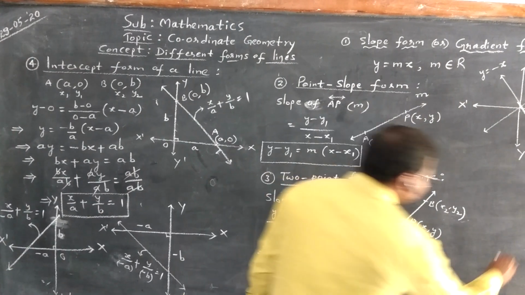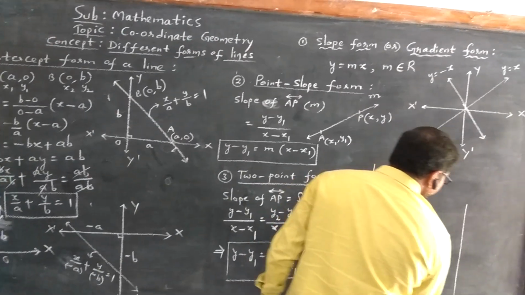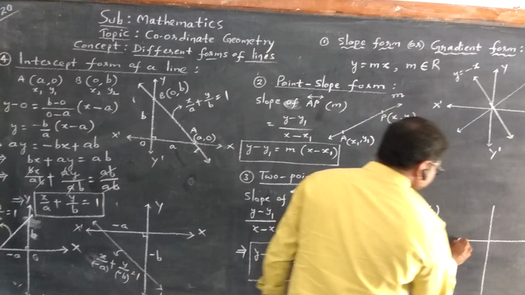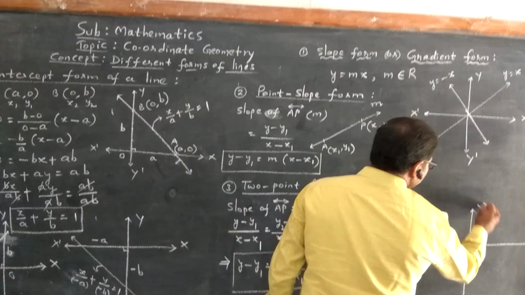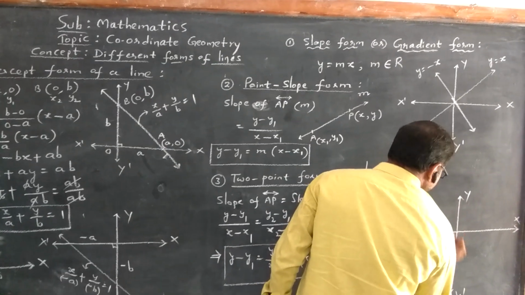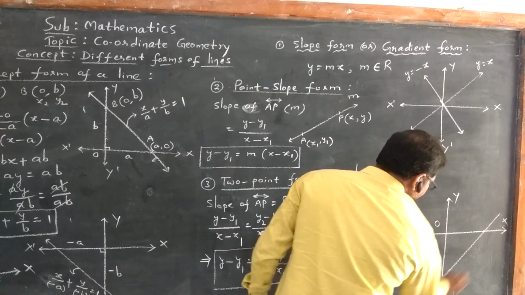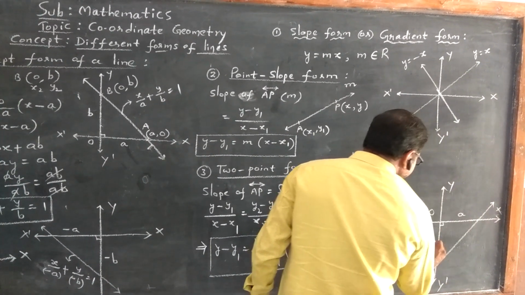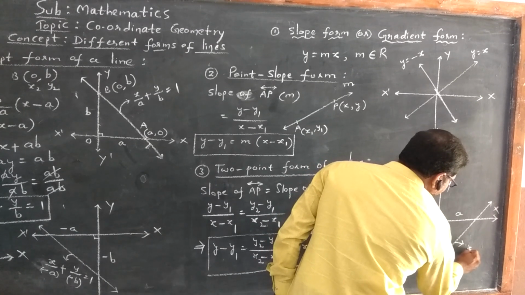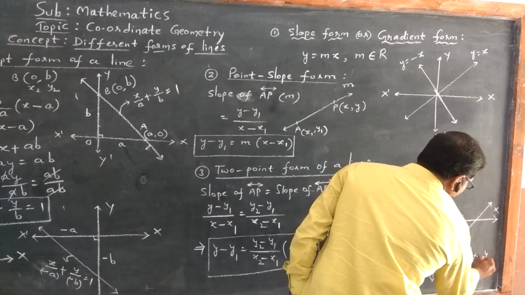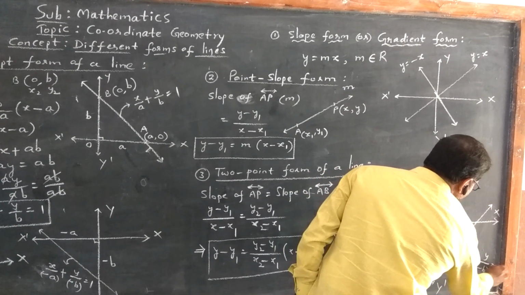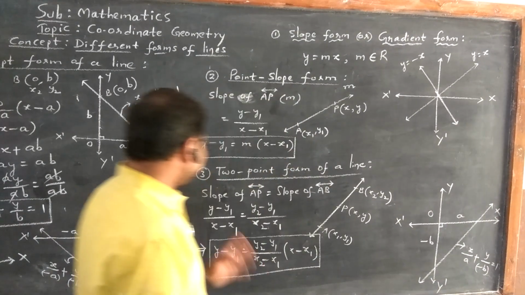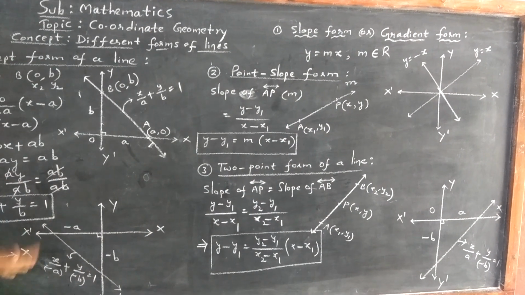When it comes to the fourth quadrant, observe here, this is in the fourth quadrant, right? In the fourth quadrant x is positive, y is negative. So this line is x by a plus y by minus b equal to 1. It changes according to the quadrant.